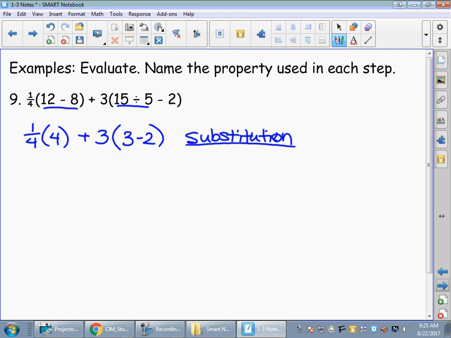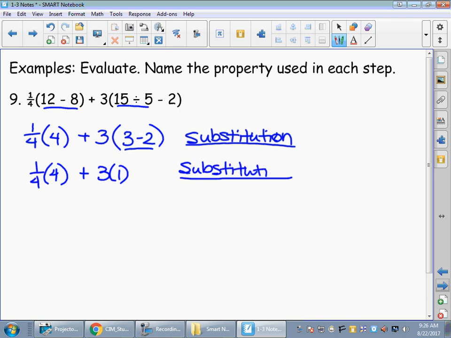In this next instance, let me clean up this 3 minus 2. So I'm going to have 1/4 times 4 plus 3 times 1. And that also is substitution because I know that if you take 2 away from 3, it just equals 1. Okay, and then I'm going to multiply.